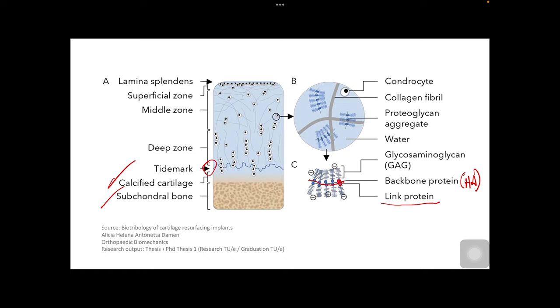And you can see here that everything is going to be connected to these important larger fibrils, which are usually collagens, right? So it's basically a decoration of the extracellular matrix: cartilage is a decoration of collagen fibers with many other structures.